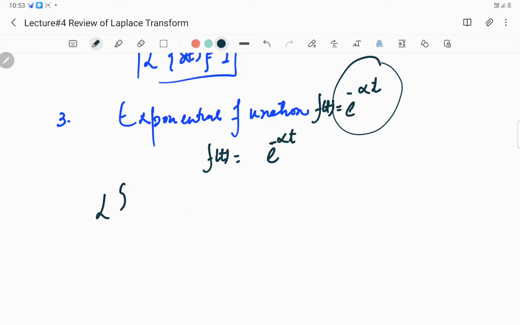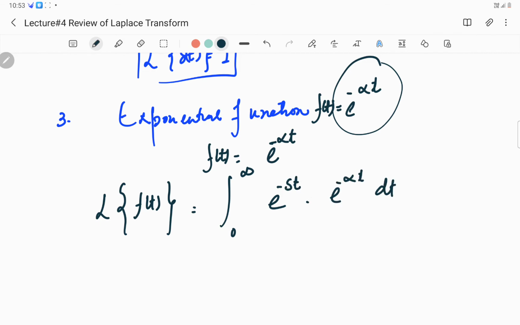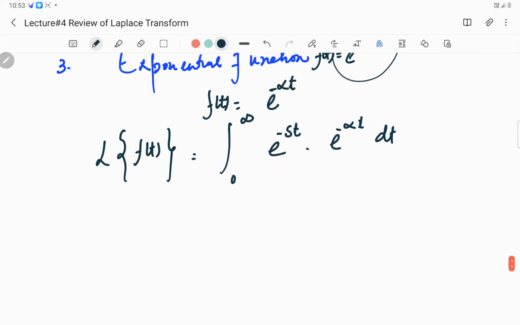So Laplace of this function would be the integral from 0 to infinity of e to the power minus st f(t) dt, which can be written as the integral from 0 to infinity of e to the power minus (s plus alpha) t dt.